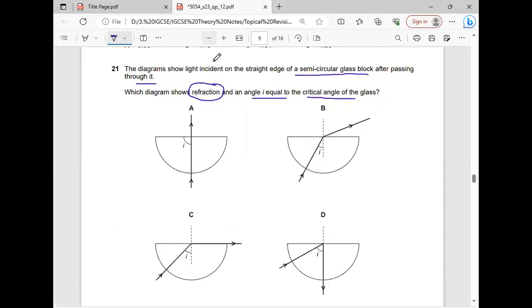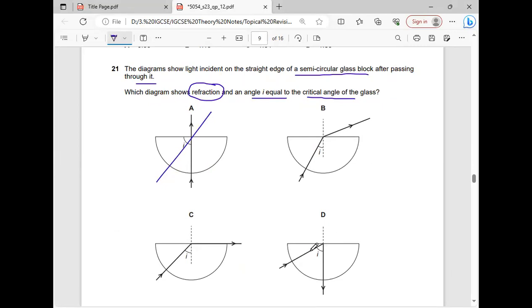So we have to select the best one for refraction as well as angle of incidence equal to critical angle. For refraction, first of all check diagram A. There is no refraction since light is passing as it is without changing its path. So option A is wrong.